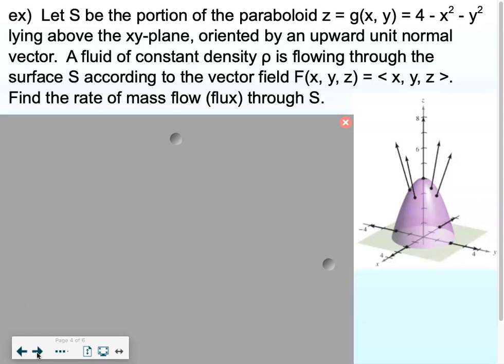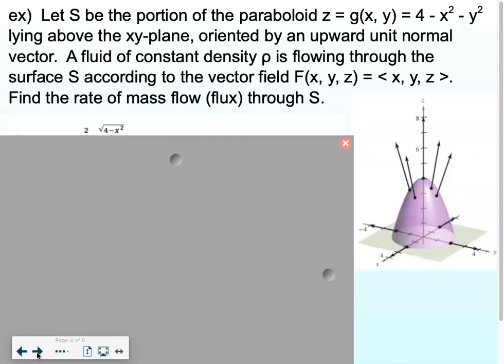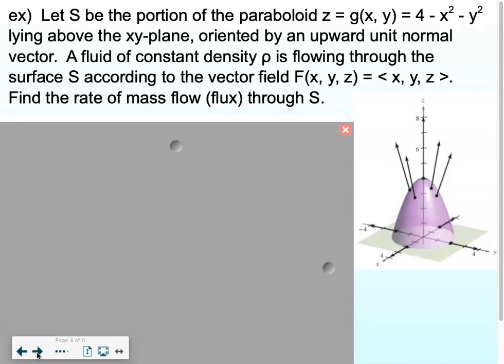All right, so we're doing a flux integral. If we set it up, it's the integral of F dot n. So let's first figure out our F. Our F is x, y, z, but our z is 4 minus x squared minus y squared, so we can rewrite F as x, y, 4 minus x squared minus y squared.